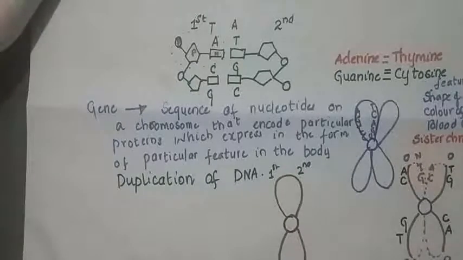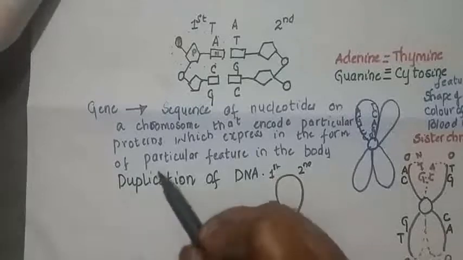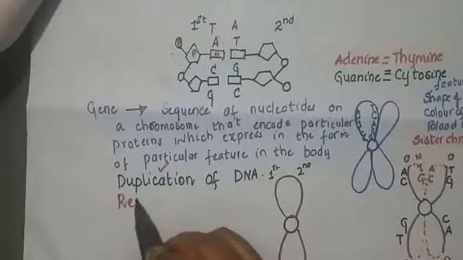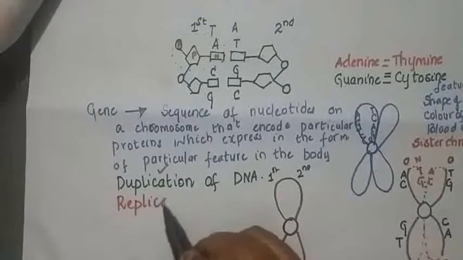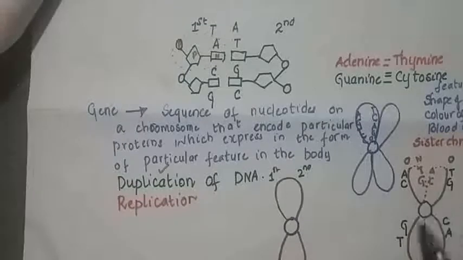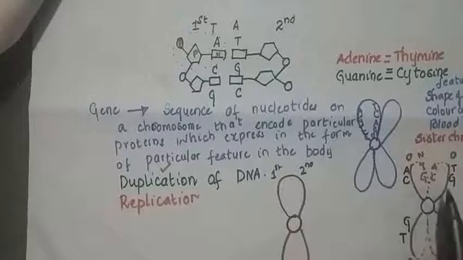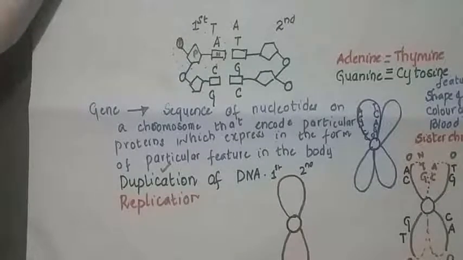It continues till the centromere, and now this chromosome having two chromatids, after the duplication, after the replication, instead of having two chromatids you have four chromatids, four arm-like structures, sister chromatids which are a replica to each other. So thus the duplication of DNA occurs, and this duplication is required for the cell division.